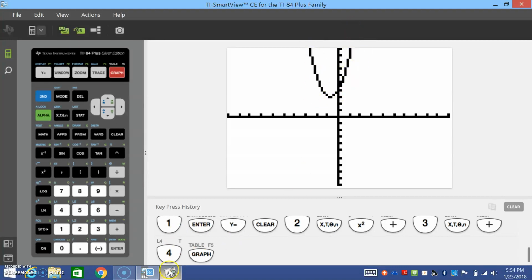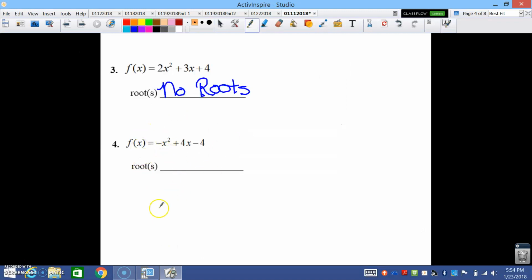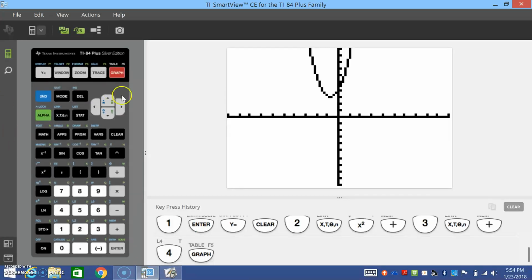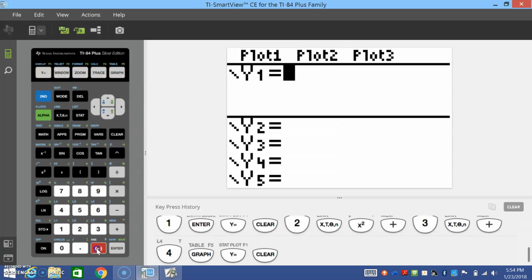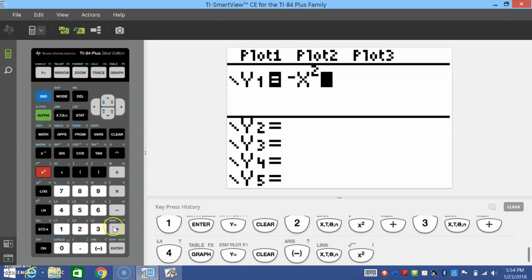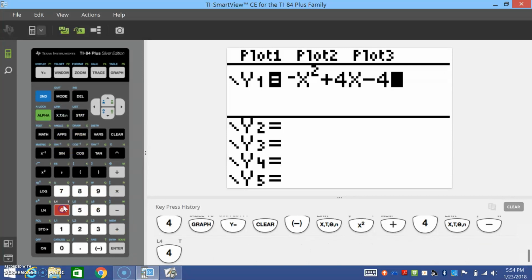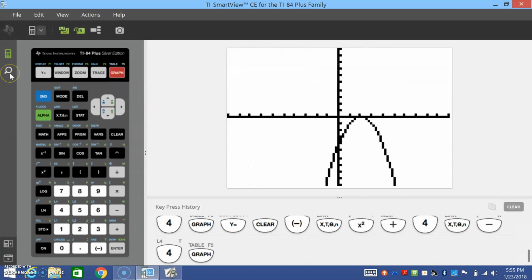Okay, so let's do our next equation: negative x squared plus 4x minus 4. So go to y equals, clear, and we have negative x squared plus 4x minus 4. Okay, and we can graph. Now I need to check this right here because it looks like it touches, but I'm not quite sure.